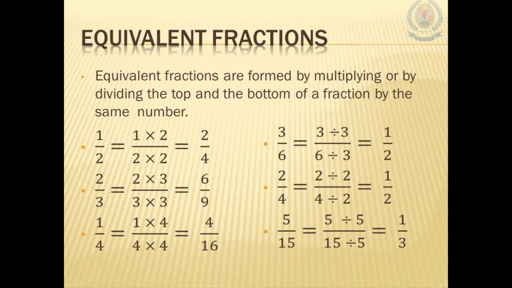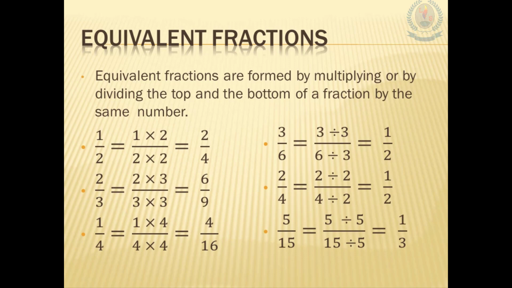And also you can get equivalent fractions by dividing by the same number. Here in the first example, the denominator and numerator I divided by number 3. So I got one equivalent fraction as half.